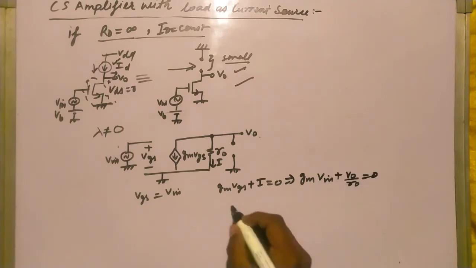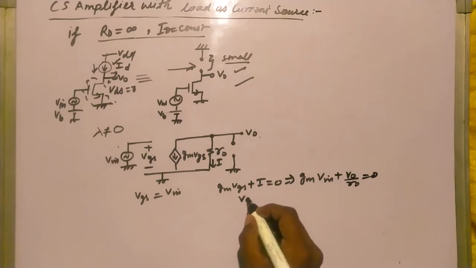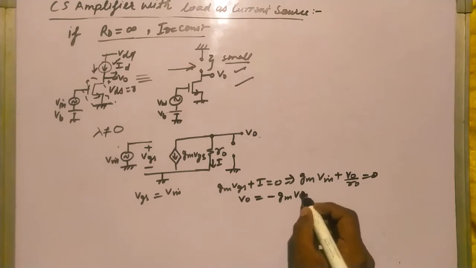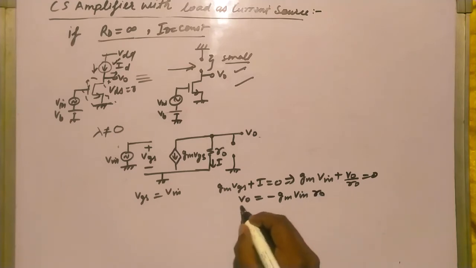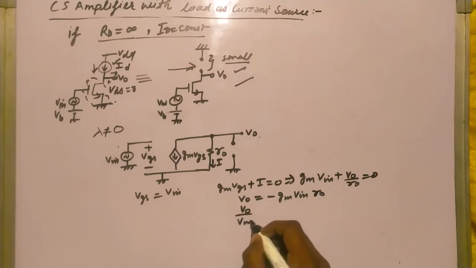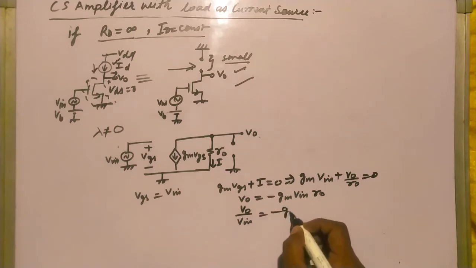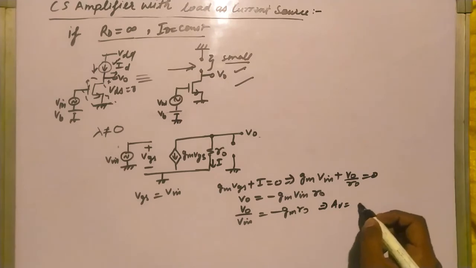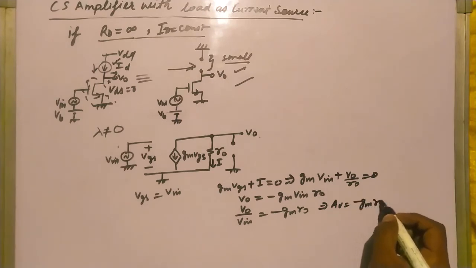So V naught equal to minus GM V in R naught. So V naught by V in equal to minus GM R naught. So gain AV is equal to minus GM R naught.